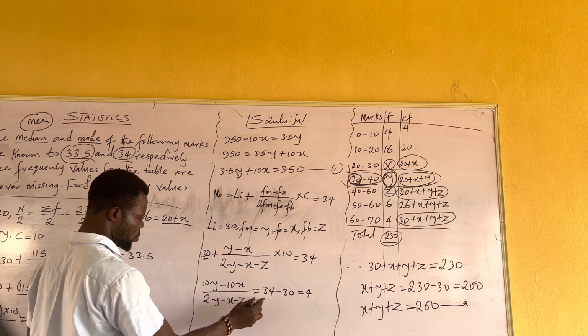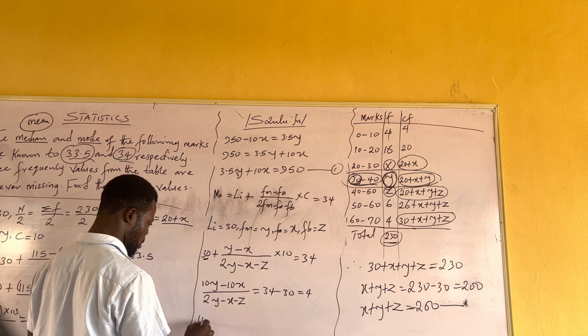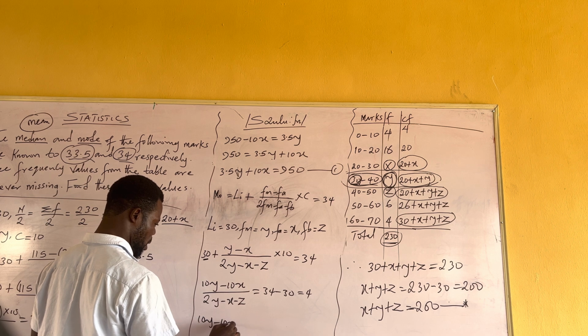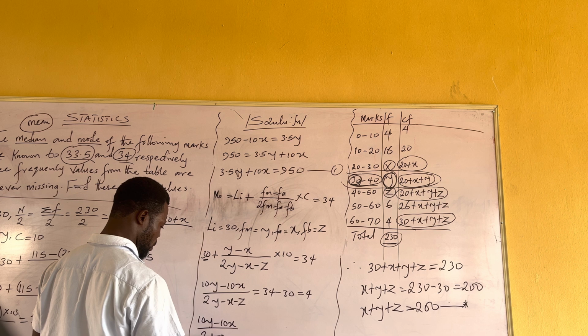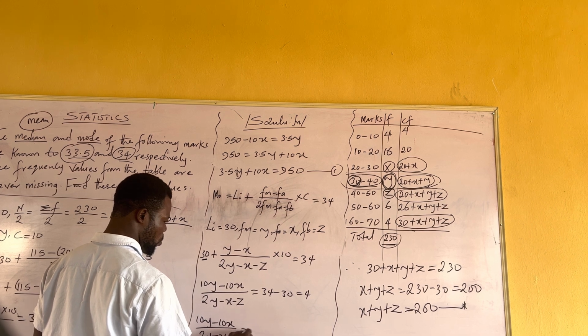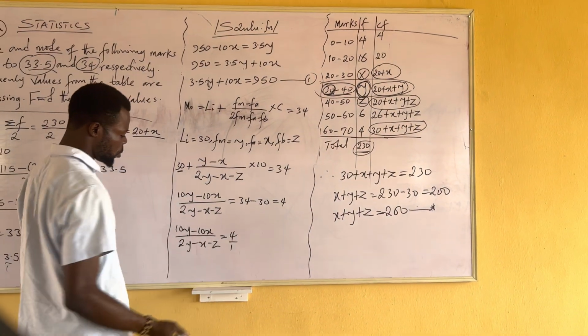So now we have 10y minus 10x all over 2y minus x minus z equal to 4. We can cross multiply.